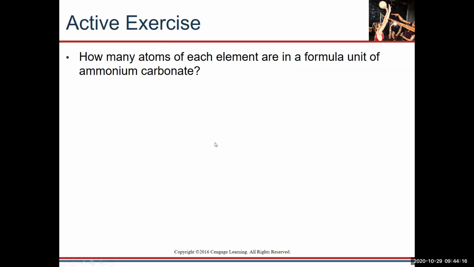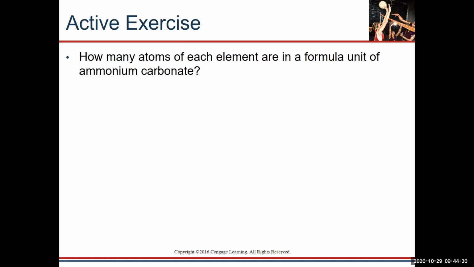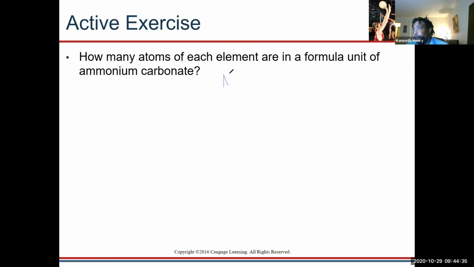Okay. How many atoms of each are in the formula unit of ammonium carbonate? Ammonium carbonate, what does that look like? NH4 plus, okay. And carbonate?